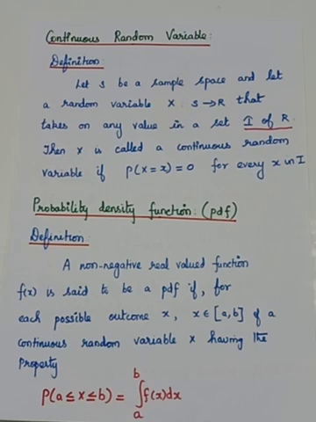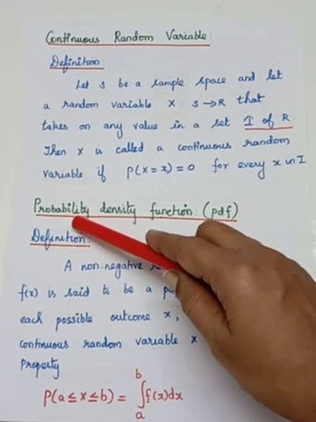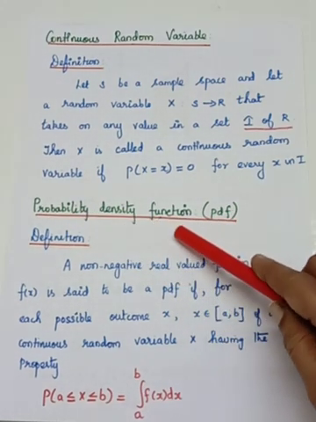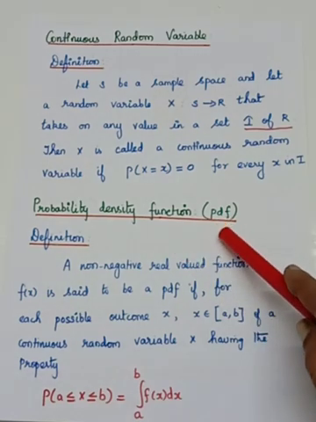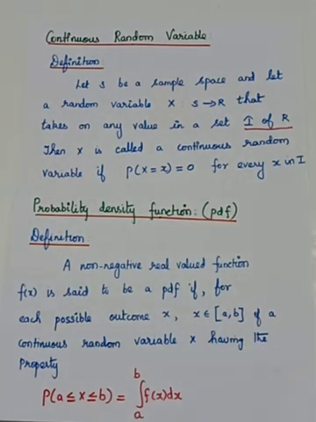Next, we are moving to the probability density function, that is called the PDF. For the discrete random variable, we have seen the probability mass function, denoted by small f of x, which is equal to P of X equal to x.